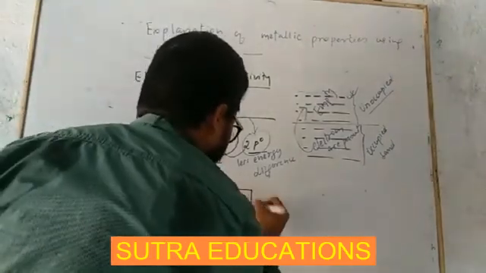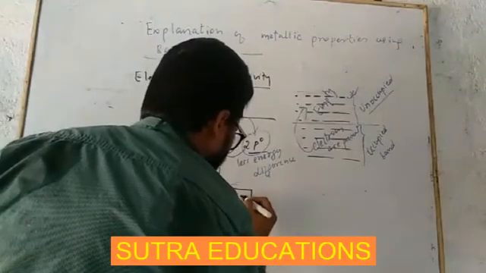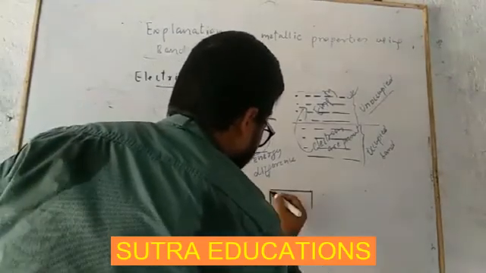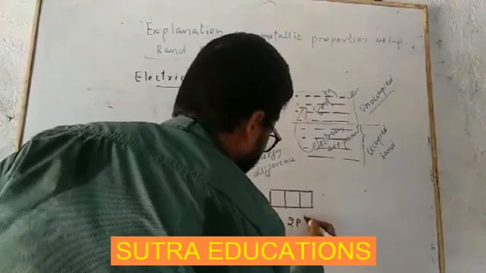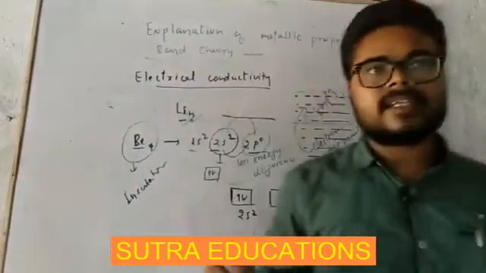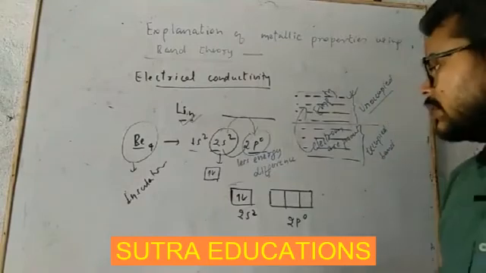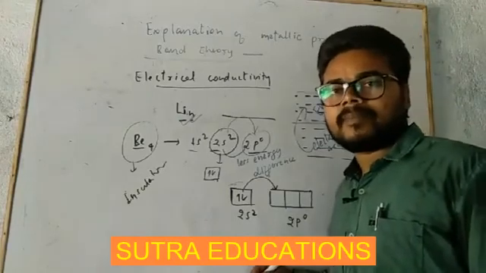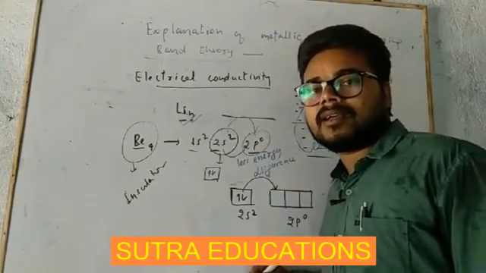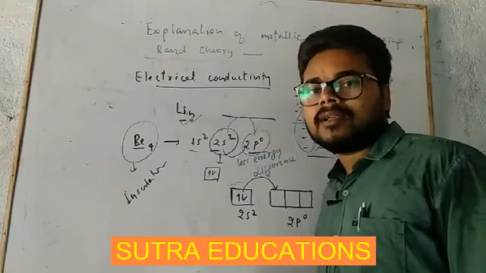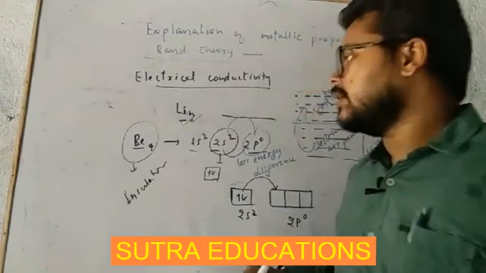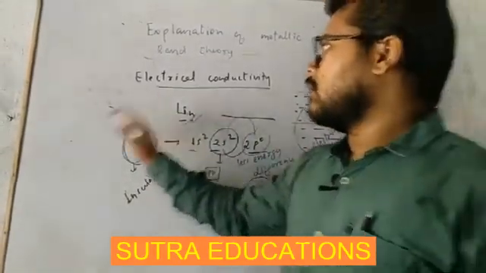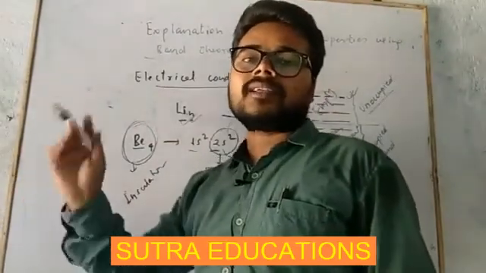Two electrons are present in 2s and 2p is empty, but the energy difference is small, so a 2s electron will jump into 2p. Electrons will start moving and flowing, so this will become a good conductor. In this way beryllium is a very good conductor as compared to lithium.